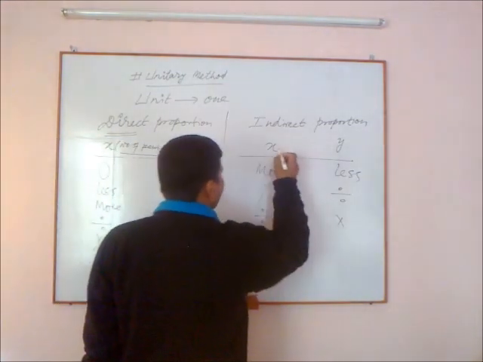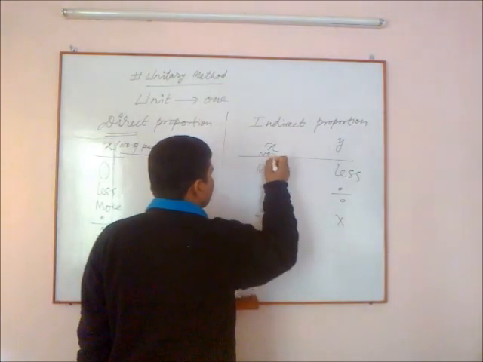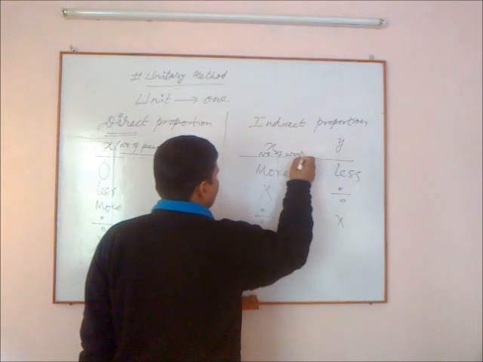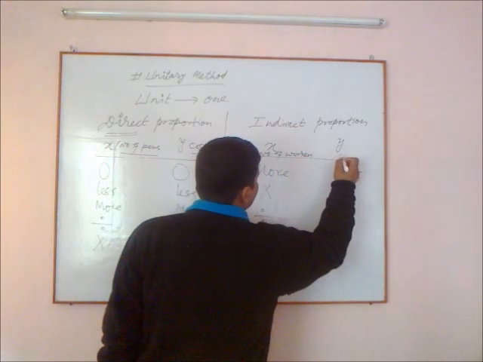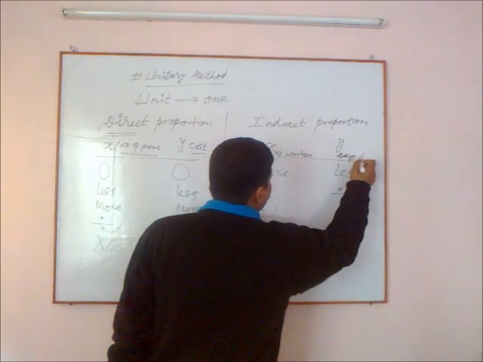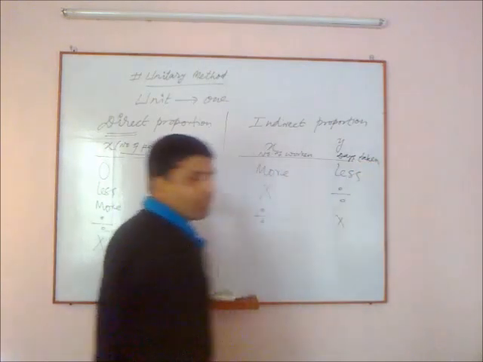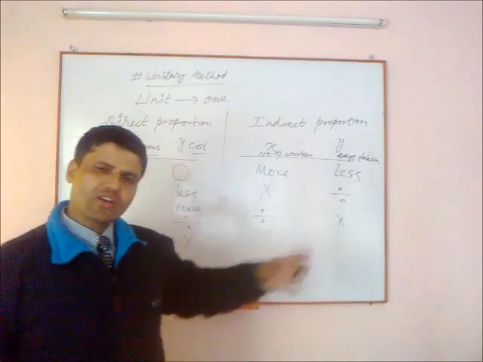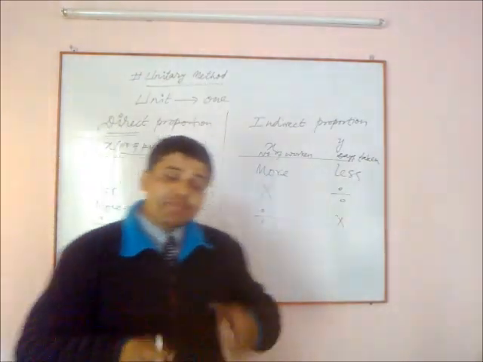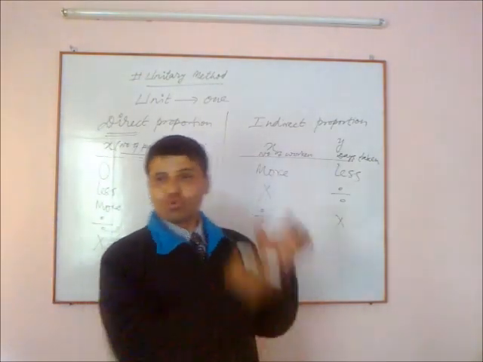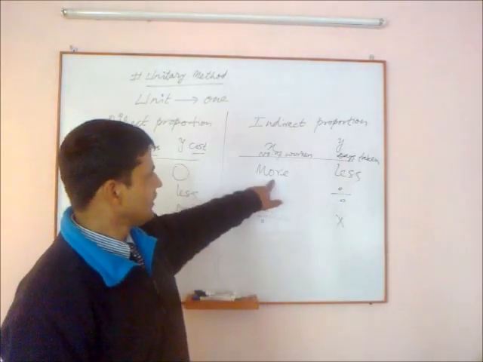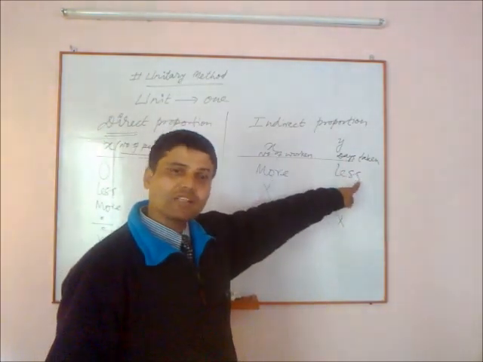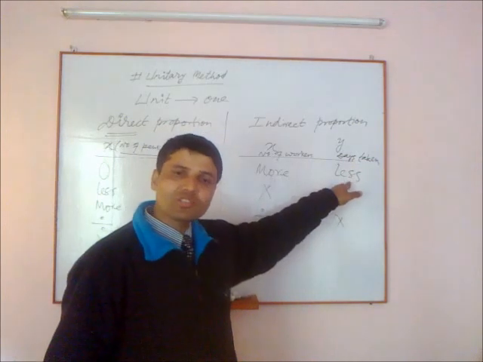For an example, x is suppose number of workers and y is days taken to complete a work. It means if more workers are working, then they can finish the work quickly. More workers, but they can finish quickly. It means days taken will be less.